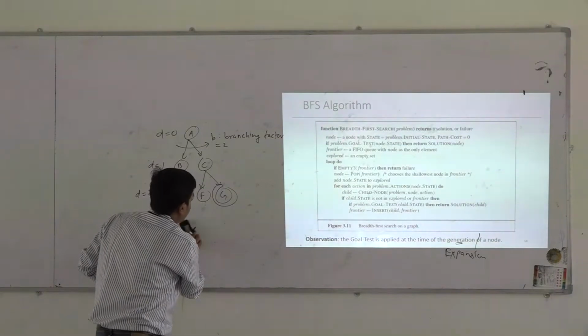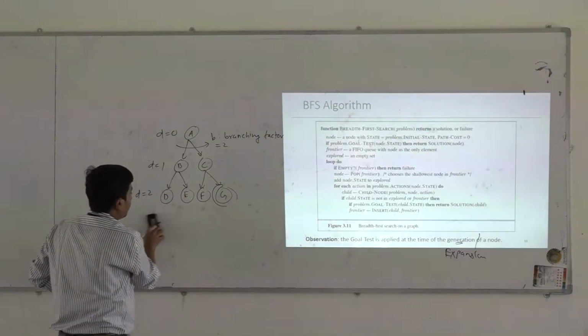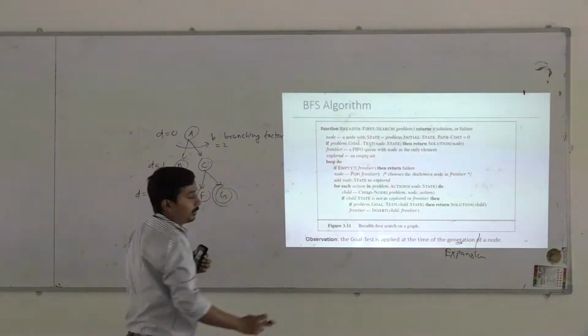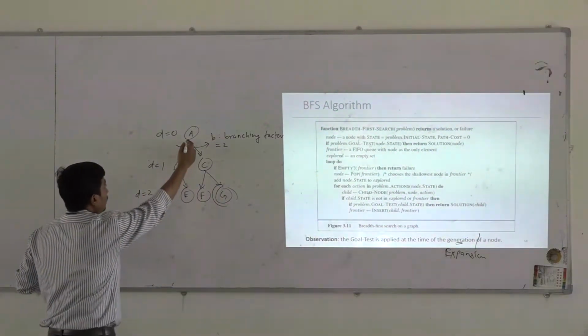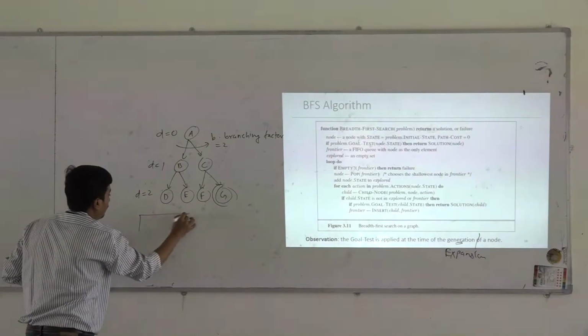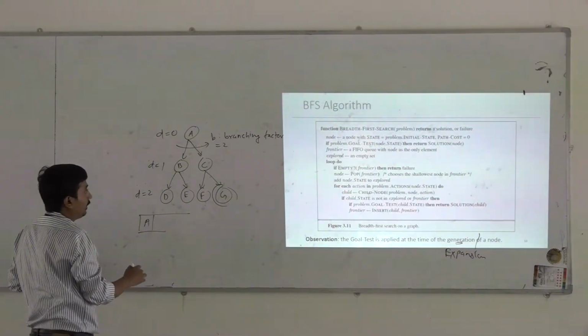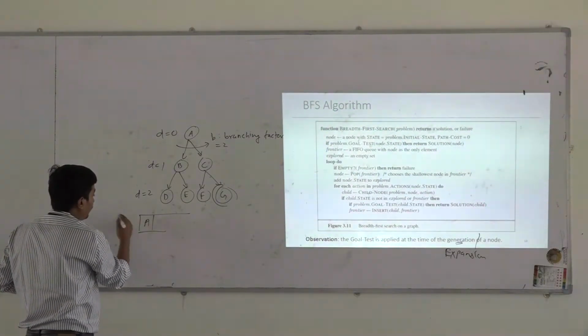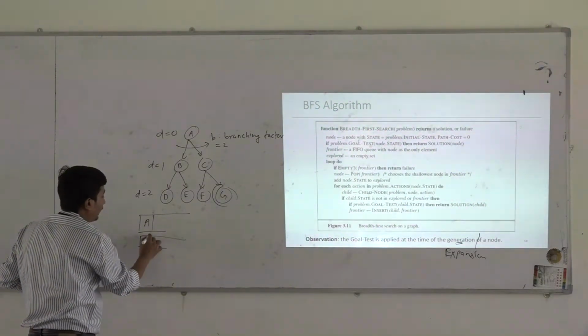So let us calculate the time complexity. Here we are checking the goal at the time of generation. Initially A will be in the frontier. A is not our goal, so we will remove it, and our queue becomes empty.